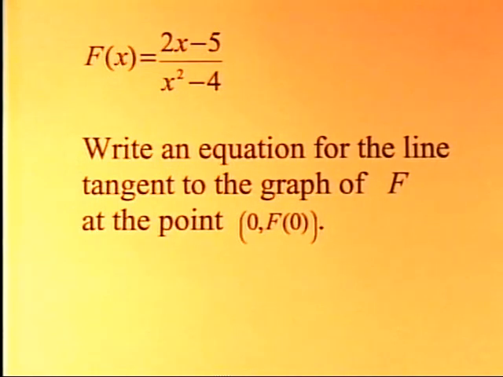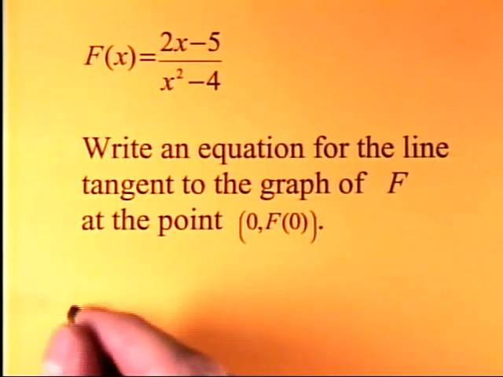Okay, what do we do? Looks like a simple derivative. If we want to write the equation of a tangent line, what two things do we need? You need to find the derivative. What's the derivative? Point slope.